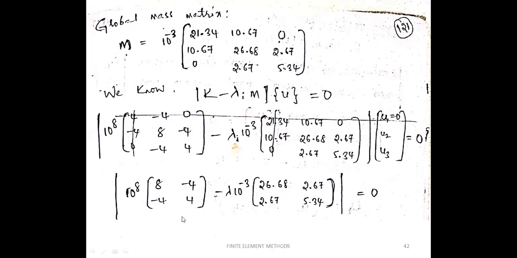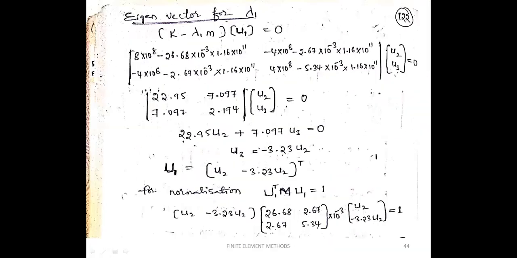So this k and m we are going to use to find the u2 and u3 values. Substitute here the k 2 by 2 matrix minus lambda 1, which we got in the last slide, into the mass 2 by 2. You will get this matrix, 2 by 2, into u2 u3, and that must be equal to 0.